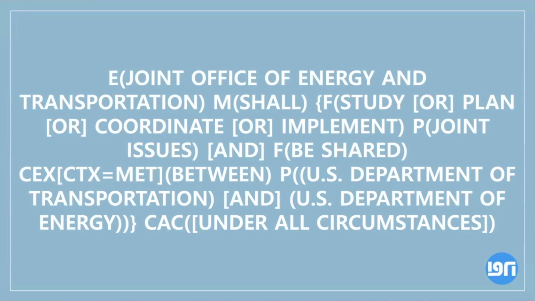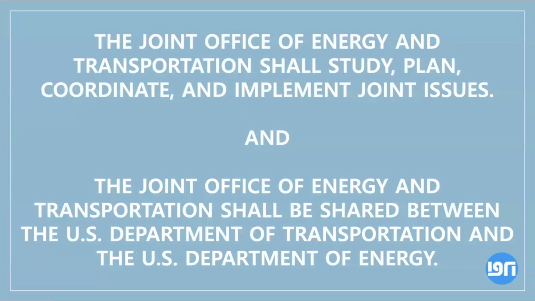That is because, when looking at the statement through the lens of IG extended, we can see that our example statement can actually be decomposed into two institutional statements. One in which the Joint Office is tasked with specific responsibilities. The Joint Office of Energy and Transportation shall study, plan, coordinate, and implement joint issues, and another that outlines the departments that will share the Joint Office. The Joint Office of Energy and Transportation shall be shared between the U.S. Department of Transportation and the U.S. Department of Energy.